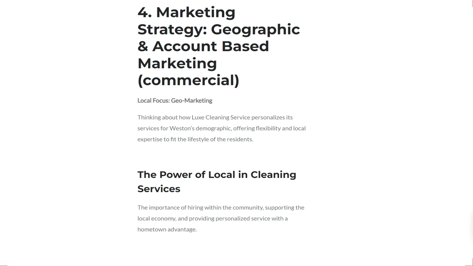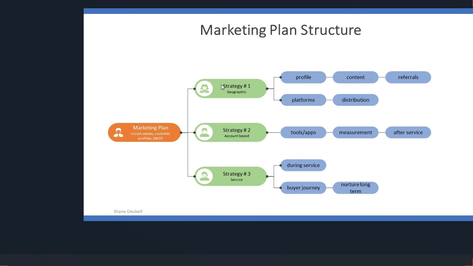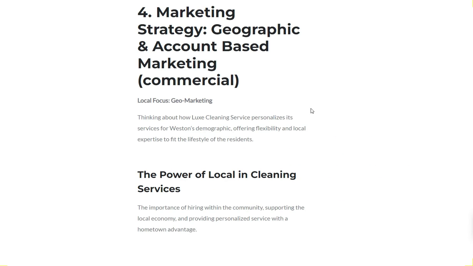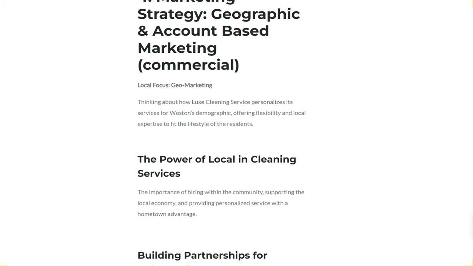The fourth part is marketing strategy, and if you remember our marketing plan structure, we're going to have 3 different strategies, and in this case, geographic and account-based marketing. So we started the marketing plan. Now we are creating the strategies. And the residential strategy is going to be geographic based.